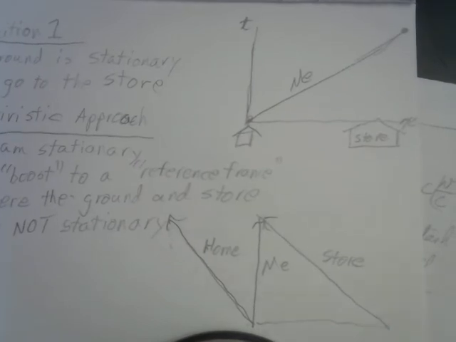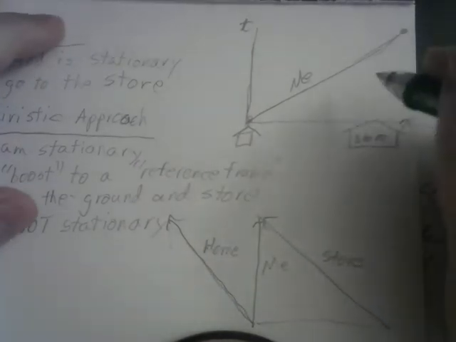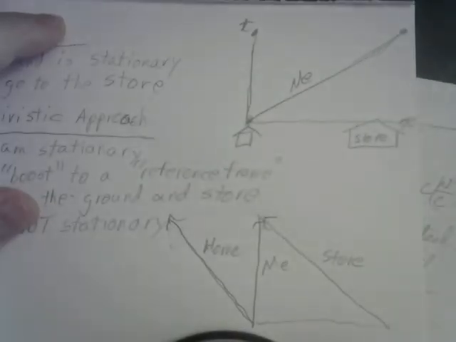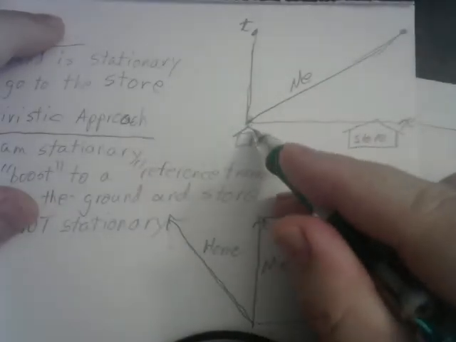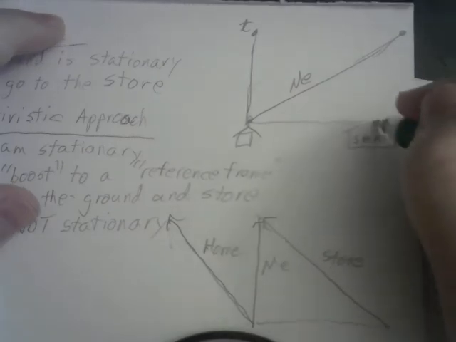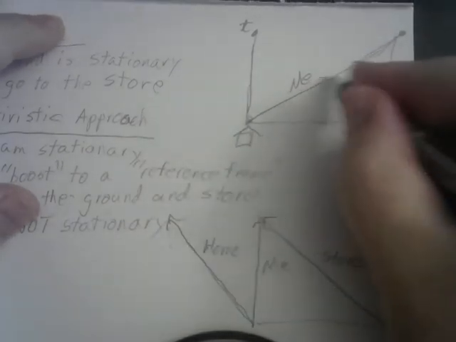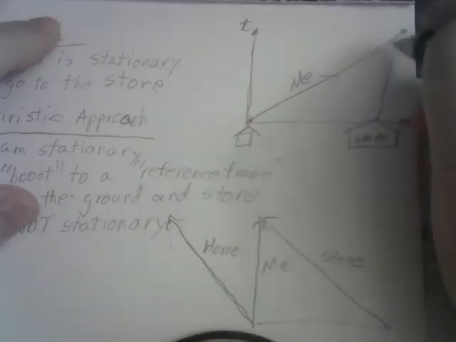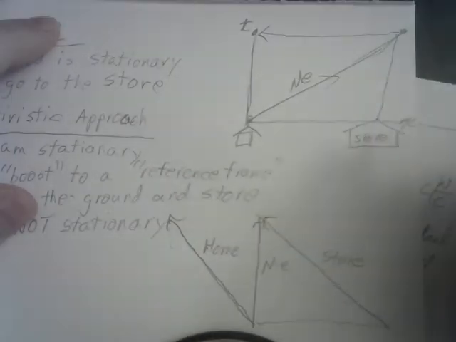I'm going to add something that is still consistent with Newton's laws, but this is the distinction where we can make a modification. When I boost from this reference frame where the store is stationary, the house is stationary, and I'm moving to the right, this line comes straight over here.